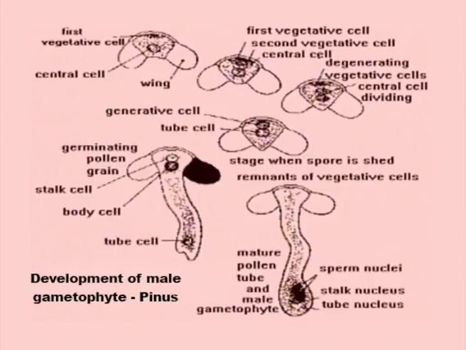integuments. When this male gametophyte in a 4-cell structure reaches the micropyle end of the ovule in the female cone, it starts discharging a sticky substance through which the pollen grains get stuck.